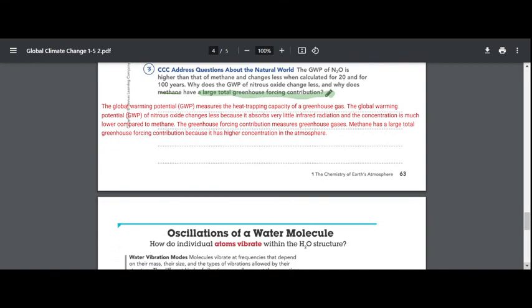The GWP of nitrous oxide changes less because it absorbs very little infrared radiation and the concentration is much lower compared to methane. The greenhouse forcing contribution measures greenhouse gases. Methane has a large total greenhouse forcing contribution because it has higher concentration in the atmosphere.